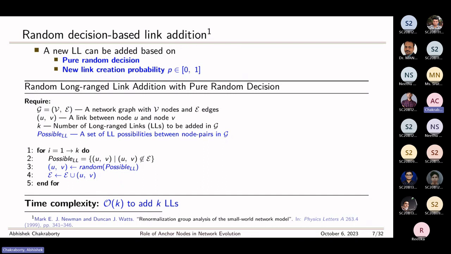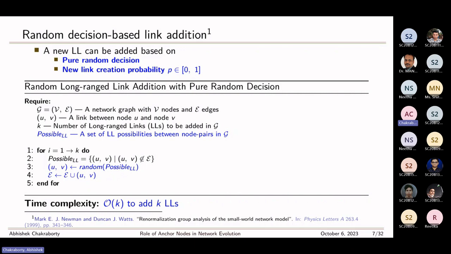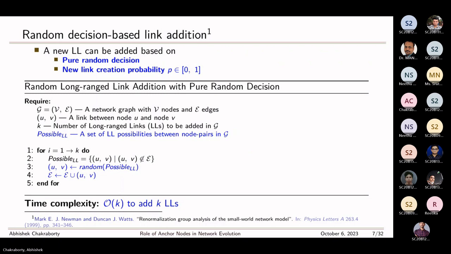So pick another; you will choose another pair. Like that, you will add K links. So time complexity is very simple, order of K, because each time you are maybe tossing a coin and identifying two nodes. So for K long links, it takes only order of K to add K long links. Is there any question?